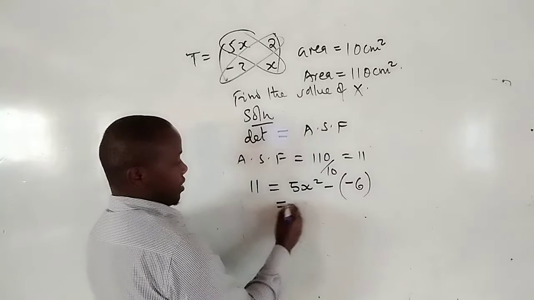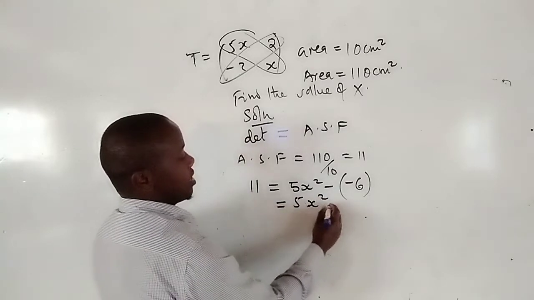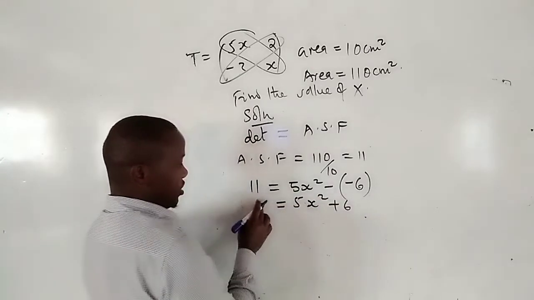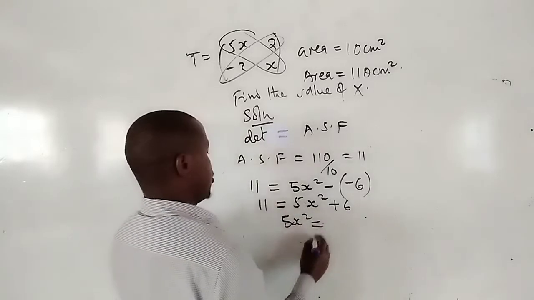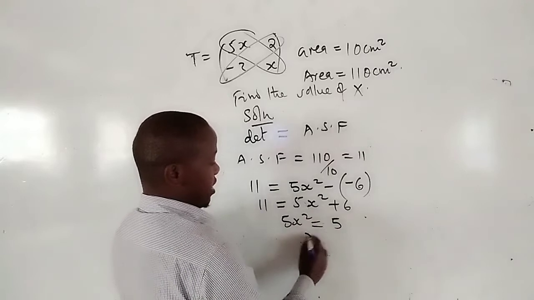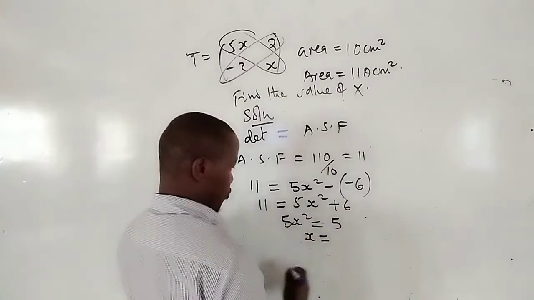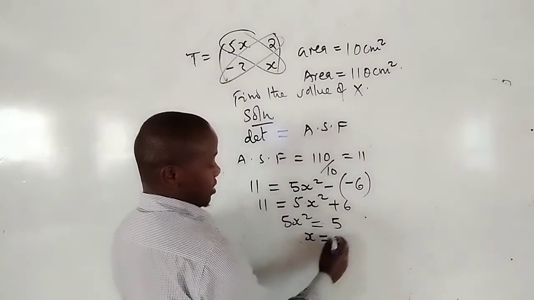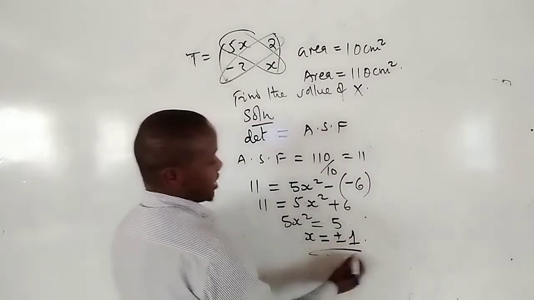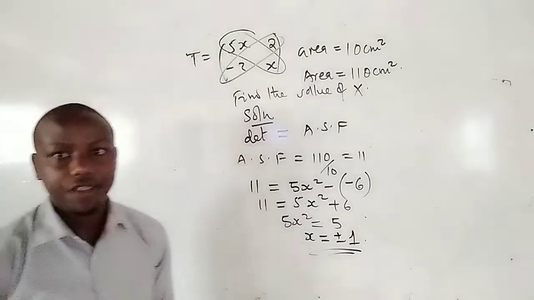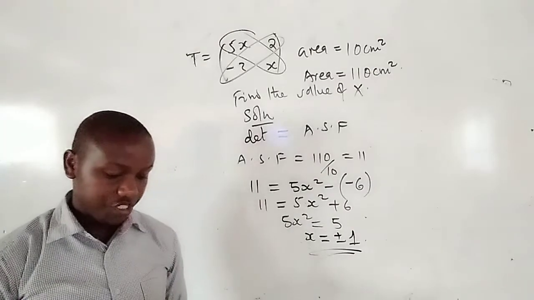Therefore, 5x squared plus 6 is equal to 11. 5x squared is equal to 5. x squared is 1, so x is equal to the square root of 1, which is plus or minus 1. Therefore, x can take either of those values, plus or minus 1.